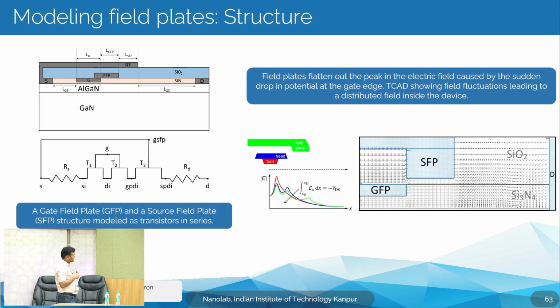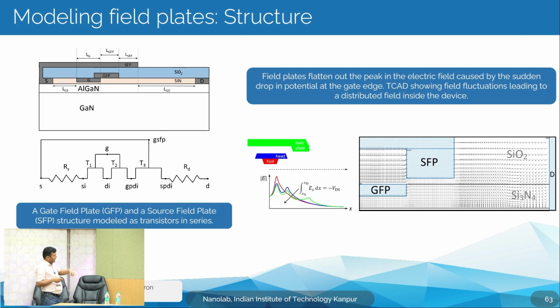The next part is field plate modeling. We model the field plate as a separate transistor model. Depending on the connection, if it is a gate field plate connection, T1 and T2 are connected together, and if it is a source field plate connection, the gate of that is connected to the source.